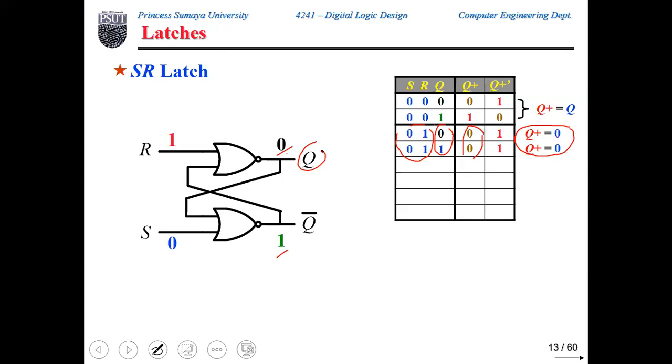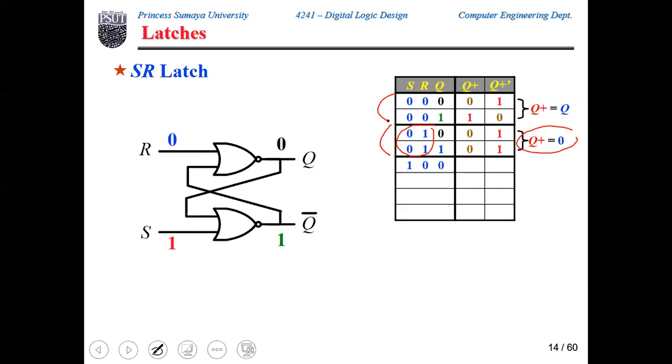This operation, as we mentioned previously, is a reset operation where we force the stored value, which is Q, to become 0. As a summary, as long as S and R are 0, 1, then Q plus is always 0, which implies it is a reset operation. So here we have a reset operation, here we have a hold operation that we can perform on the stored value.